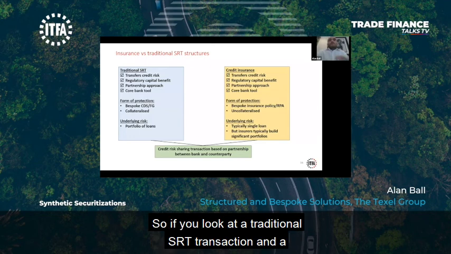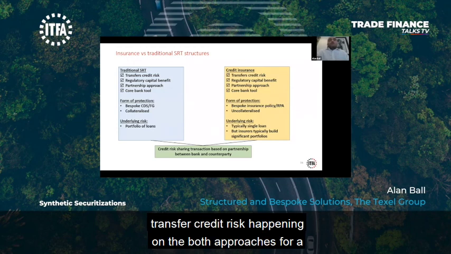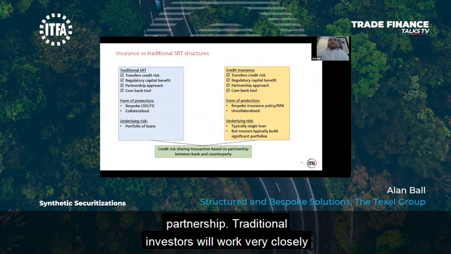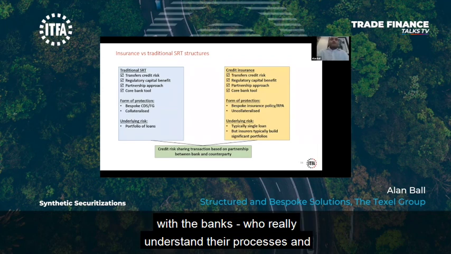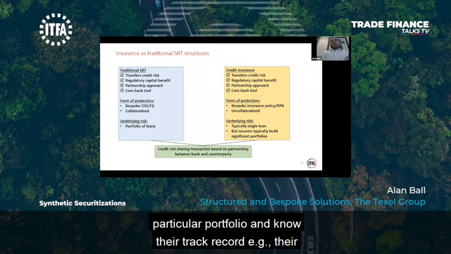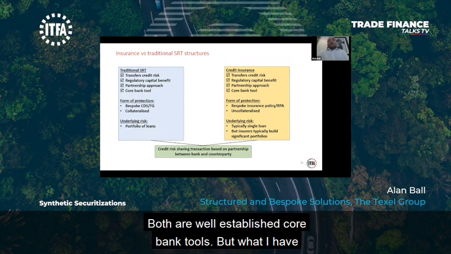If you look at a traditional SRT transaction and a traditional credit insurance policy, you have a transfer of credit risk happening in both approaches for a regulatory capital benefit. The approach is very much one of partnership. Traditional investors will work very closely with the banks, really understand their processes, their systems, their franchise with regard to their particular portfolio, their track record, their history in, say, trade finance, SME lending, whatever it may be. Both are well-established core bank tools.